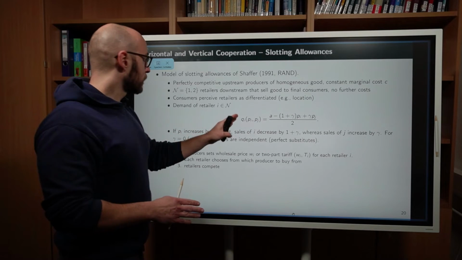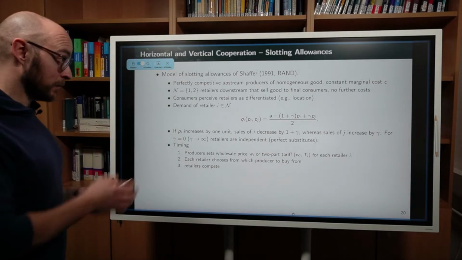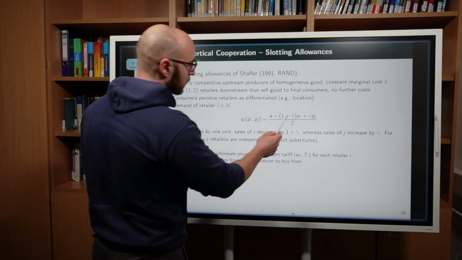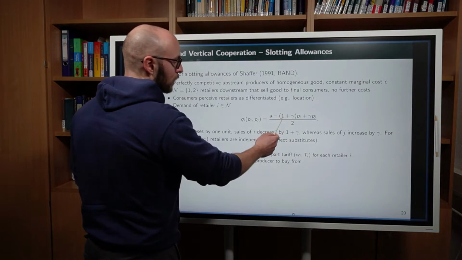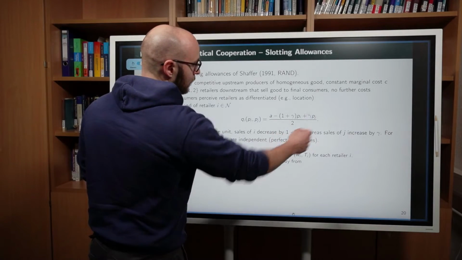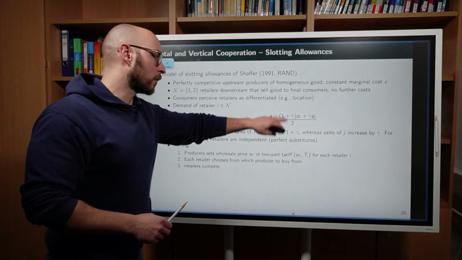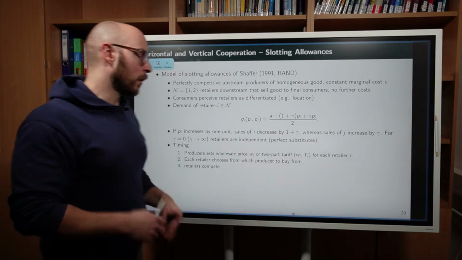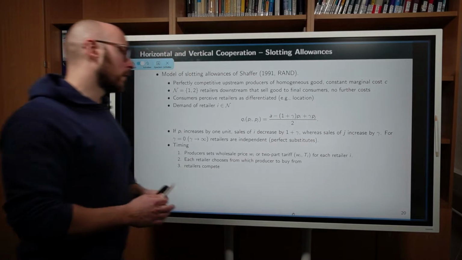Now, the demand function for each retailer i looks like this. It's similar to what we have looked at before, even though we save one parameter. The demand of variant i increases by a factor of (a plus gamma) over 2, it decreases in p_i by a factor of (1 plus gamma) over 2, and it increases in the price that the other retailer charges by a factor of gamma over 2.